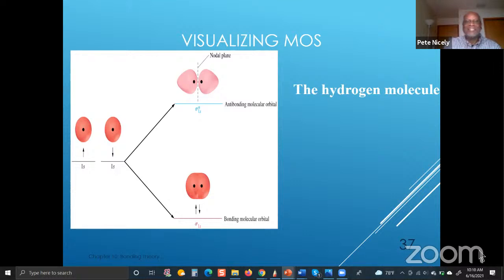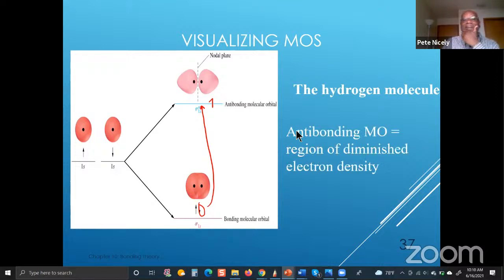And of course, you can have an excited state where one of these electrons, let's say this one, is promoted to the anti-bonding molecular orbital formed from the 1s orbitals. And that electron would be here, all right? But that would not be a ground state configuration. That would be an excited state configuration, all right?